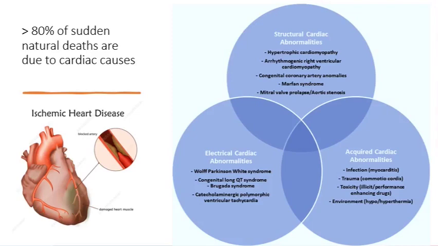Now, of course, if there are any abnormalities in the conduction system, in the way that the electrical impulses are discharged, then that can lead to sudden deaths. And these are generally referred to as arrhythmias. Several arrhythmias are also known to be familial, that is, they are based on certain genetic mutations which run through the generations.